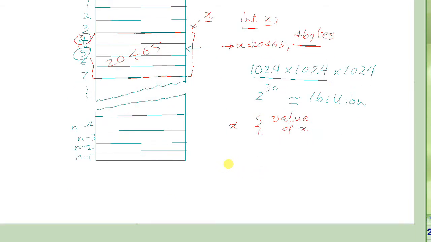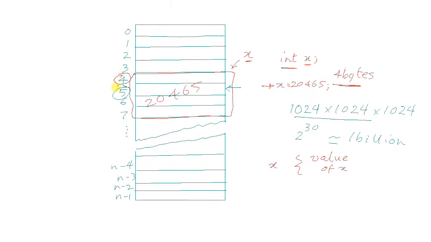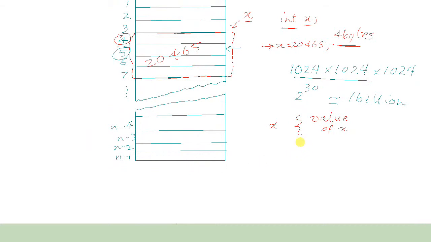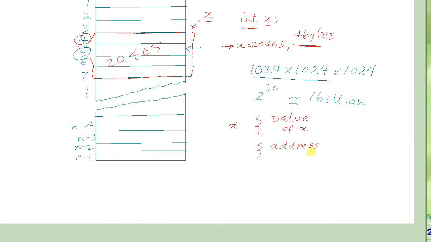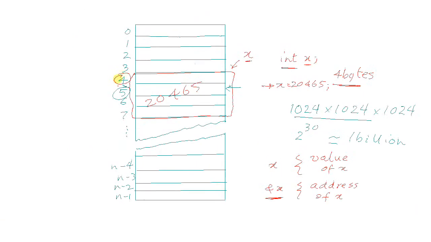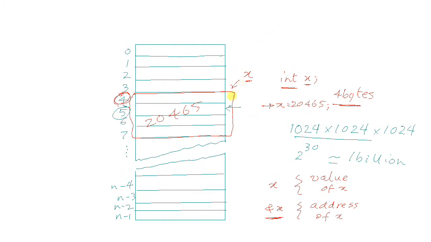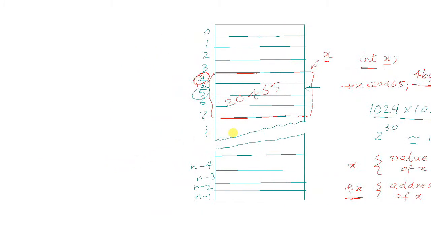Now there is an address associated with x also. How would you know what the address of x is? There is an operator called ampersand. So in a C program, if you write ampersand x, this means the address of the location where the value of x is stored.